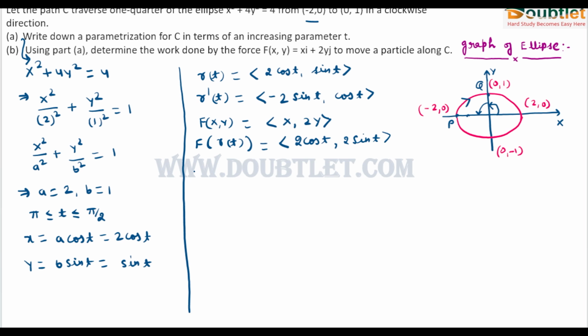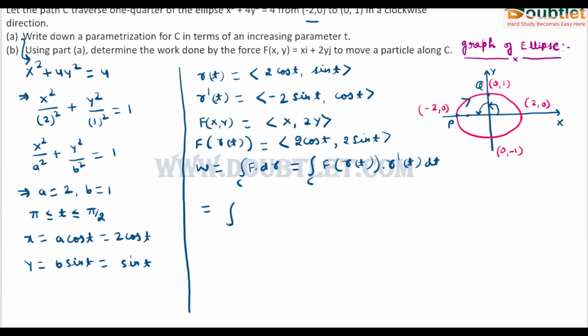Now we know that work done is equal to the line integral of the force along the curve, along which the particle is moving. So we can write this as the integral of F of r(t) dot r dash t dt. So we have to find the dot product of this function and this function.